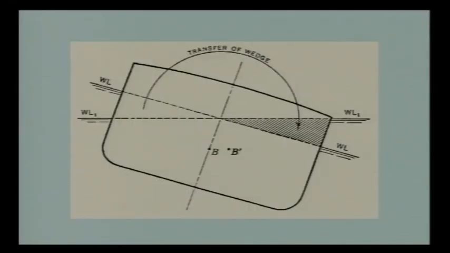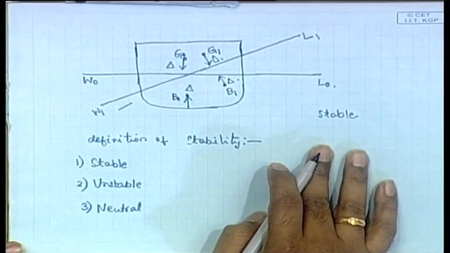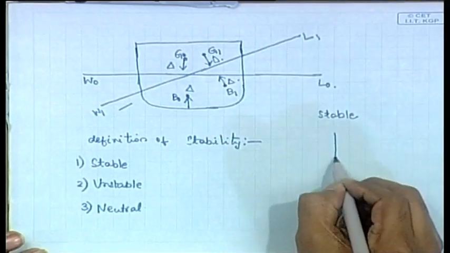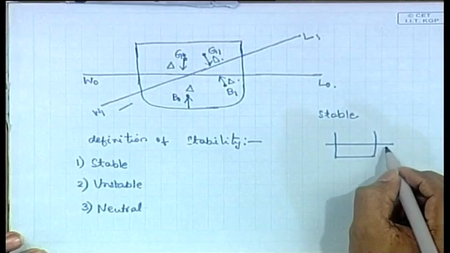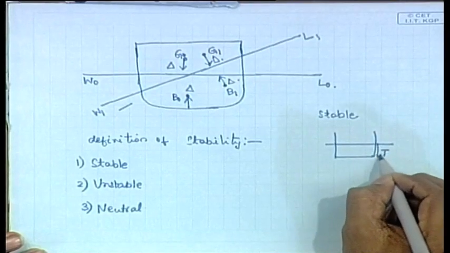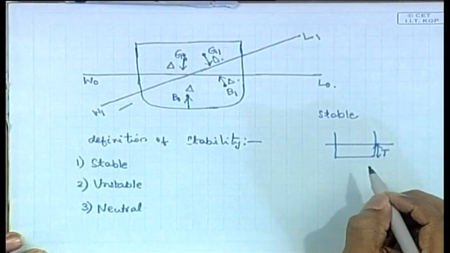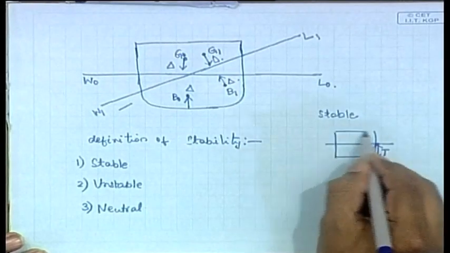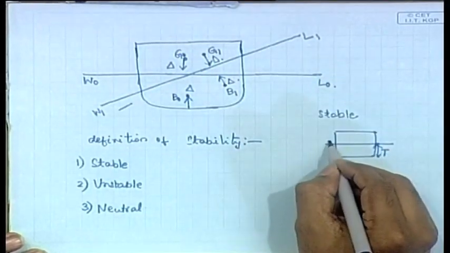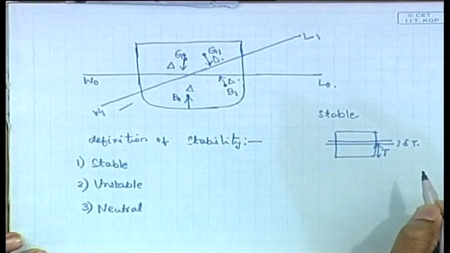The stable equilibrium we can look at in this way, that is, there is a body like this. This is, let us say, T, this draft is T, and L into B. Now, let us suppose you push it down a little further, from here I push it down by an amount delta T. Okay.